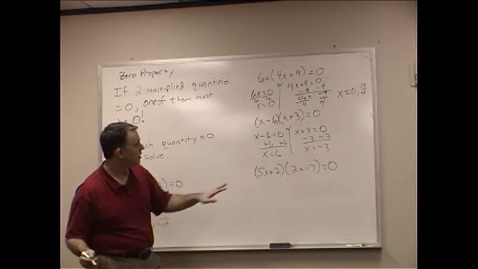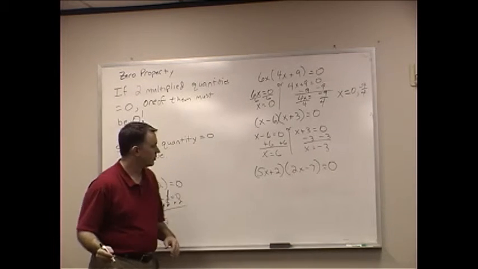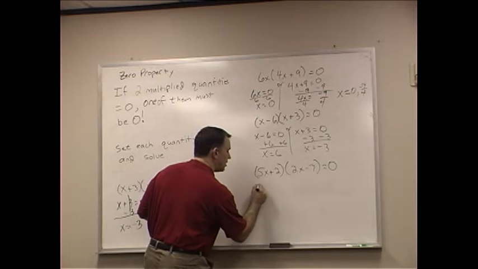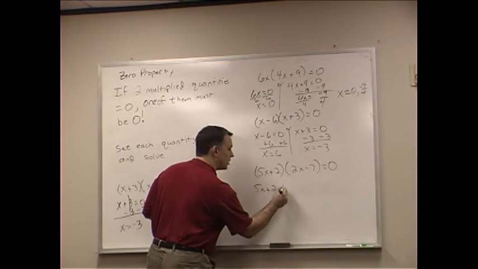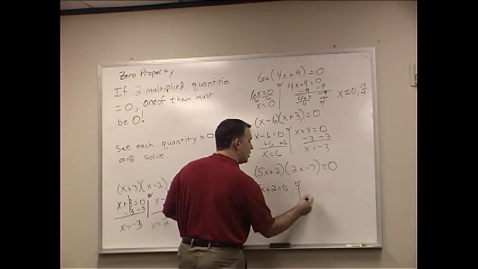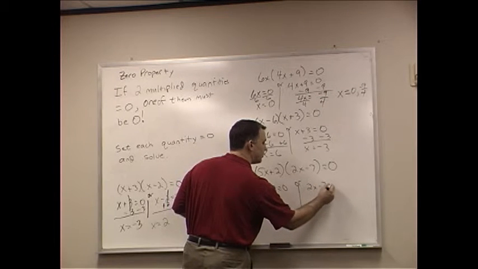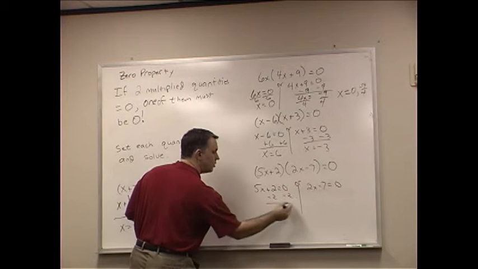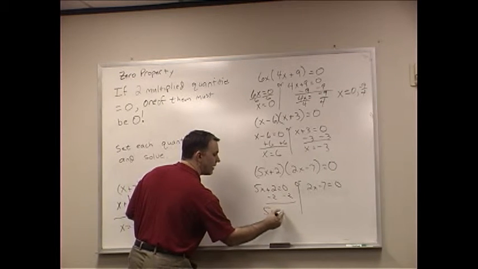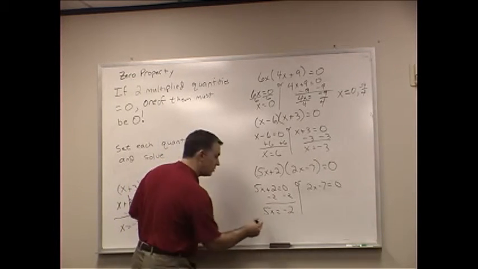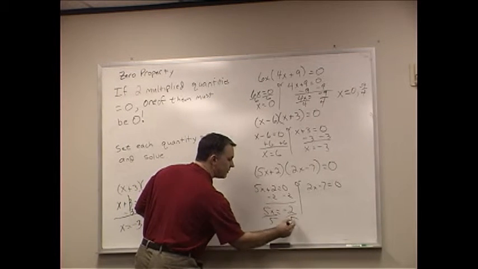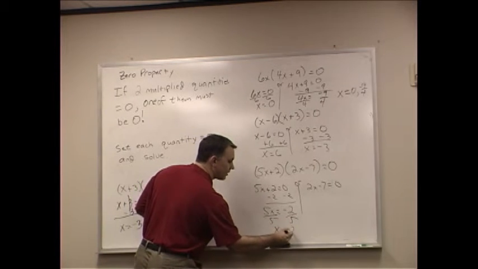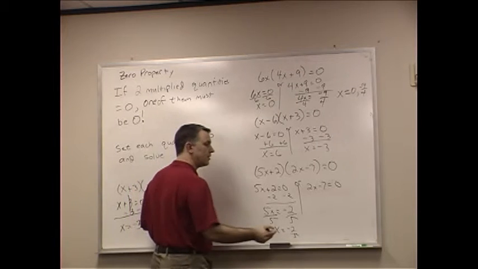It's okay. The last one, those are both pretty complex. 5x plus 2 equals 0, or 2x minus 7 equals 0. Minus 2, minus 2. 5x equals negative 2. Divide by 5, divide by 5. x is negative 2/5.